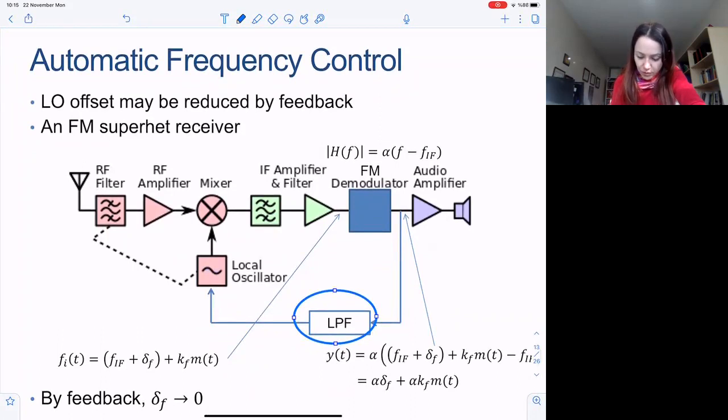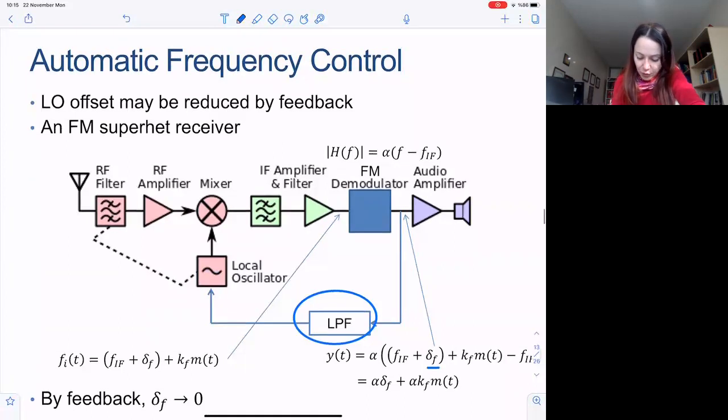So suppose this is an FM demodulation system, and the output of the FM demodulator has a certain offset frequency.